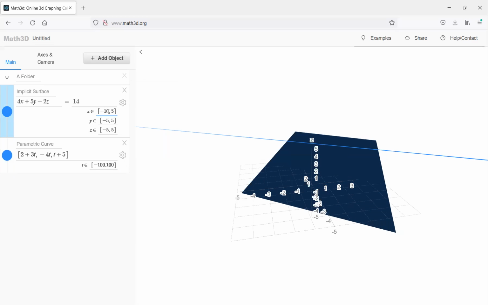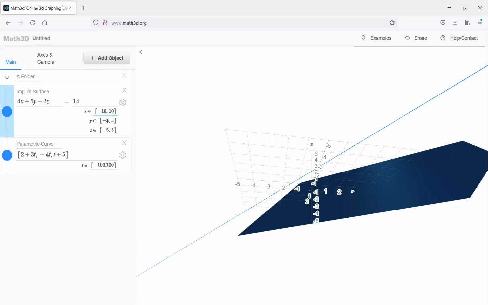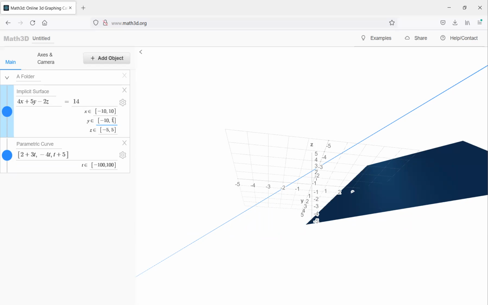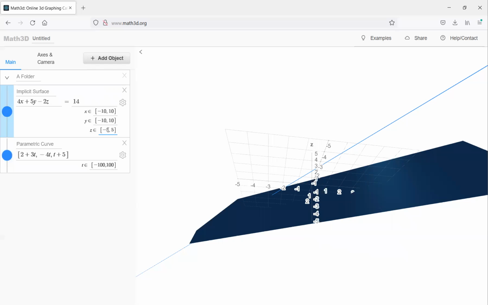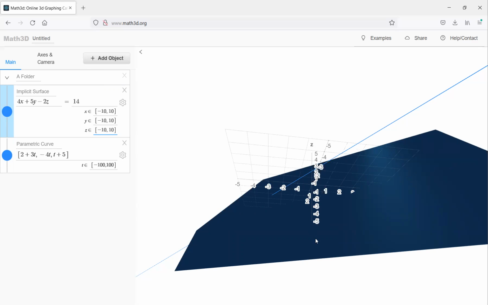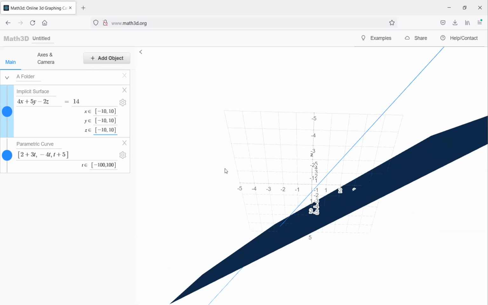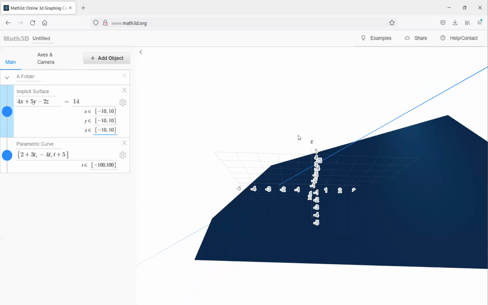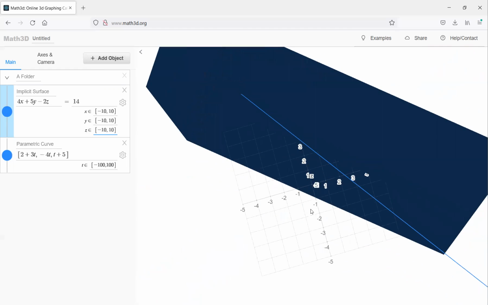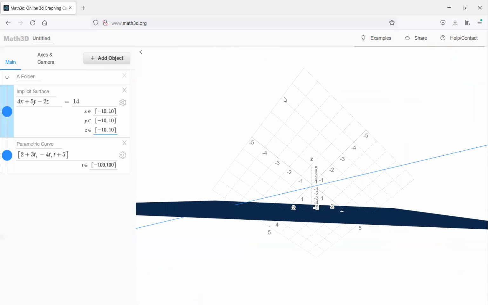Okay, this is negative 10, and then 10. Need to expand this so we can actually see the intersection between these two. Okay, here we go. So as you can see, this line passes through the plane. And we found the point of intersection between the line and the plane.